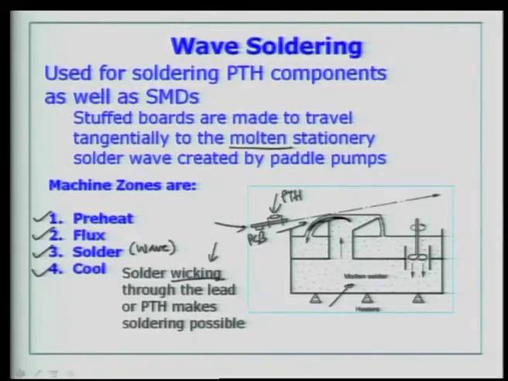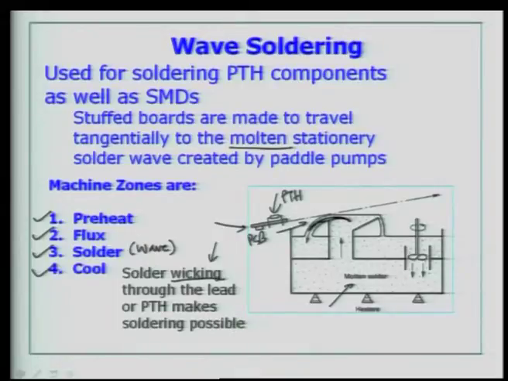But if you have a wave soldering process for a surface mount device, you can see that the device is on the other side. There is a good chance of it falling into the wave, but you are gluing it by using suitable adhesives, so that during the wave soldering process the component is not shifted or does not fall down into the wave soldering unit.